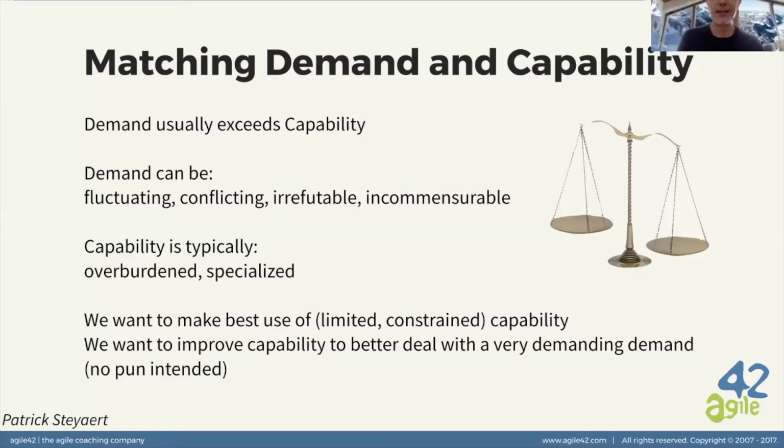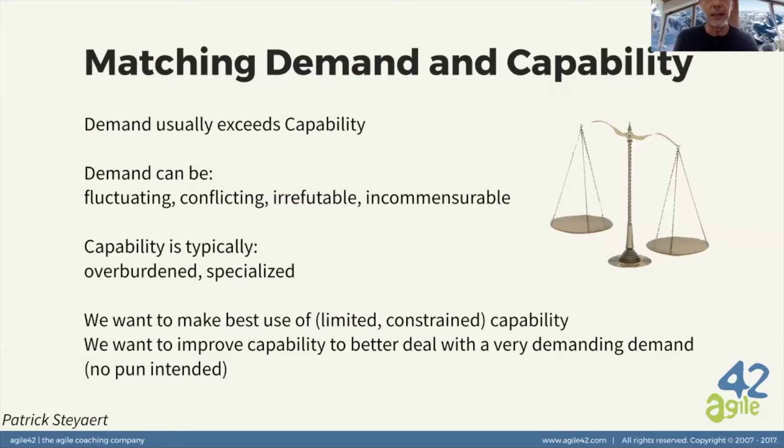Okay, thank you. But again, demand and capabilities are two of the main issues when dealing with portfolio management. Demand can be fluctuating in time, in size, and it can be conflicting. Sometimes it is irrefutable, things that we cannot choose to not do, like regulatory things.